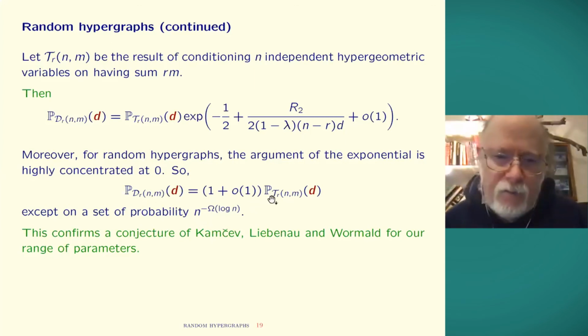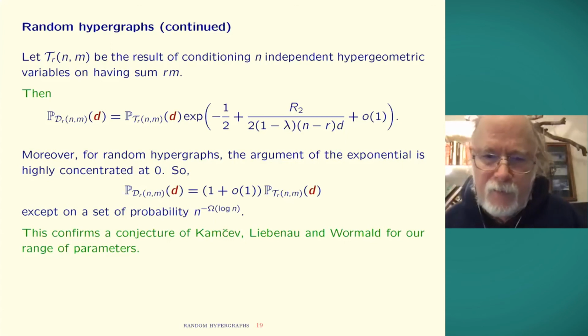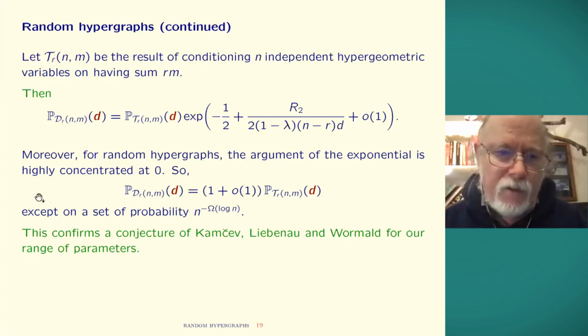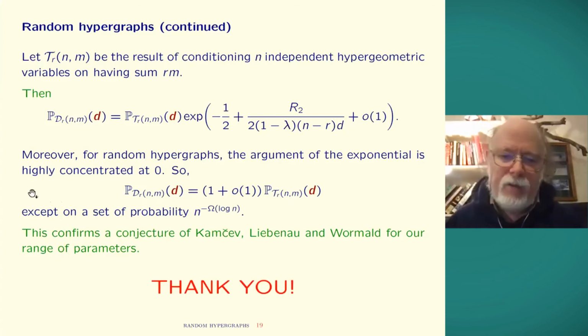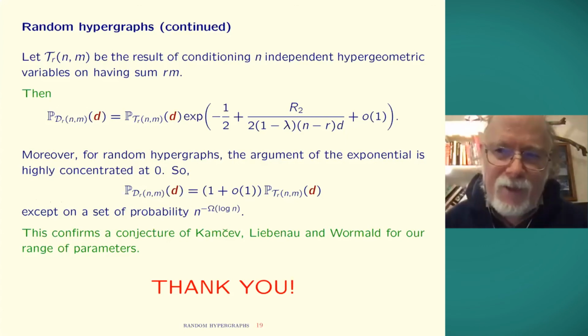And Kamchev, Liebenau, and Wormald conjectured this holds for all reasonable parameters. Of course, we only proved it for our parameter set, but that's quite a large parameter set. And I think that's the end, except thank you for inviting me and thank you for attending.